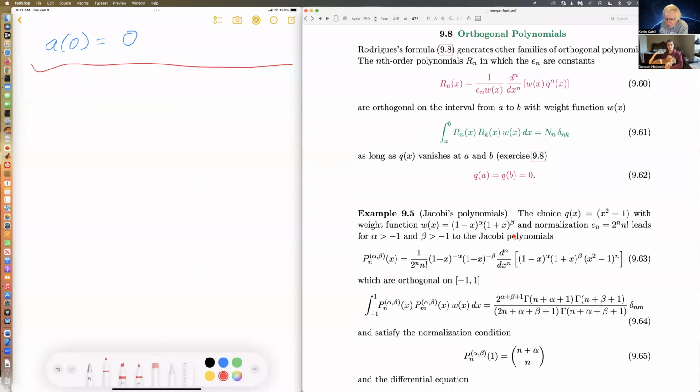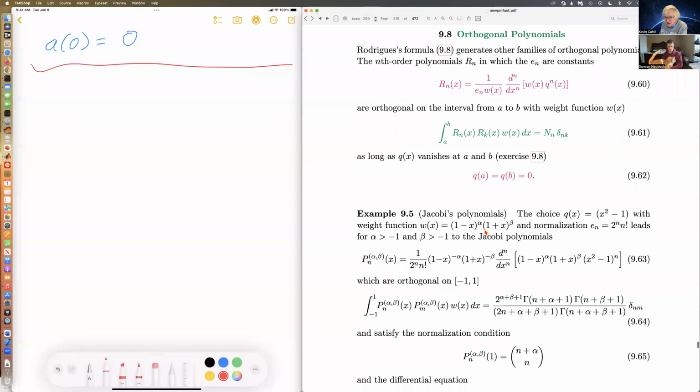And there are the Jacobi polynomials. Q is x squared minus 1, so that's like the Legendre polynomials. But now the weight function, instead of being unity, is 1 minus x to the alpha, 1 plus x to the beta. And then you get, as the Jacobi polynomials, this expression, which is sort of complicated.